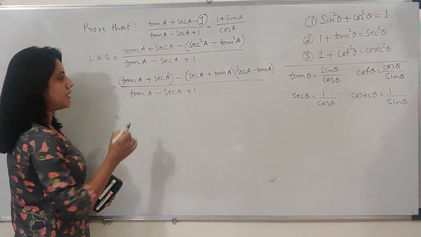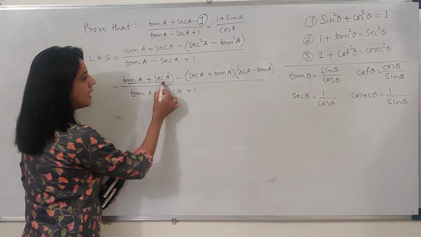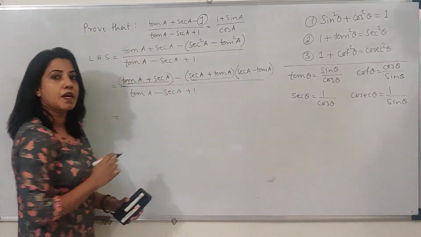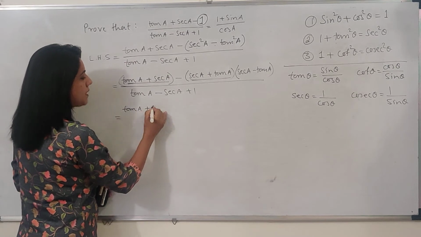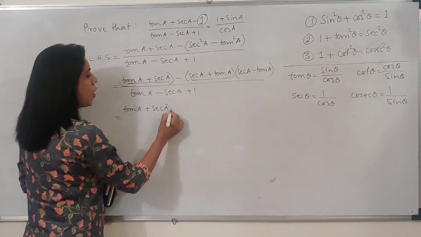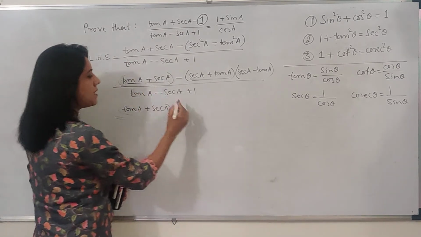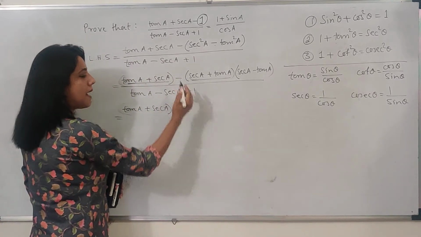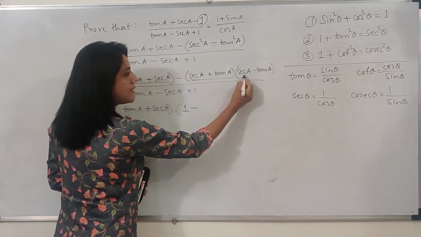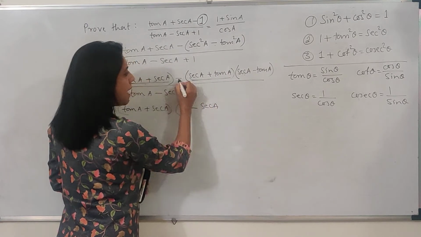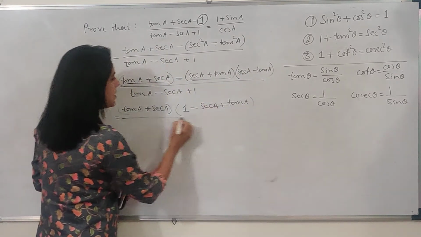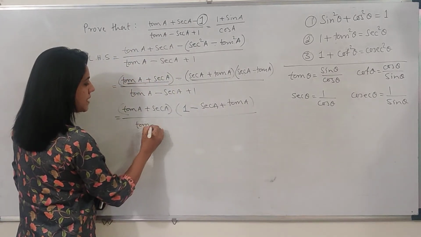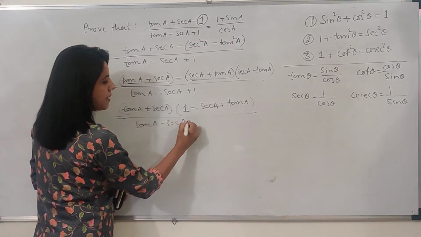Now from the numerator I can take tan A plus sec A common. Both the terms have got tan A plus sec A, so I can take it common. So let us take this common, tan A plus sec A. Now here only 1 remains, so you write 1, then minus this one, so minus sec A and minus minus plus tan A. So we have this in the numerator and the denominator is the same, tan A minus sec A plus 1.